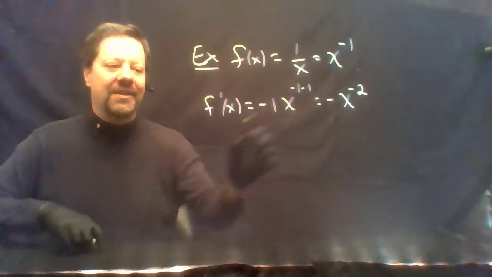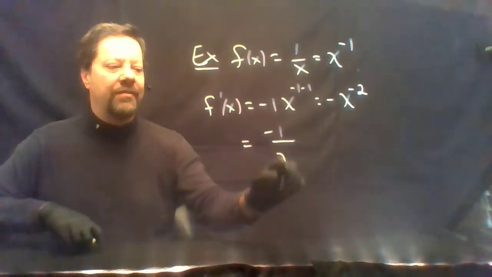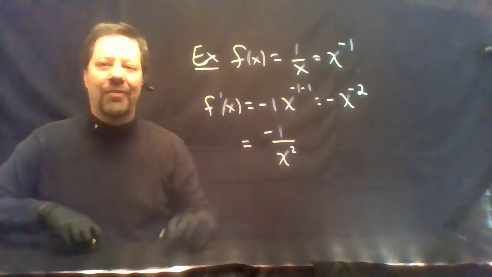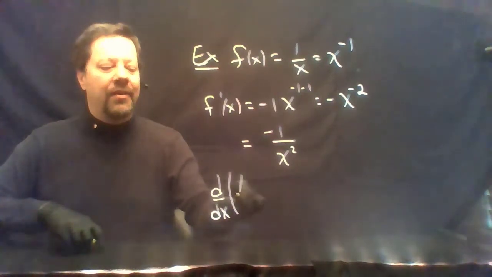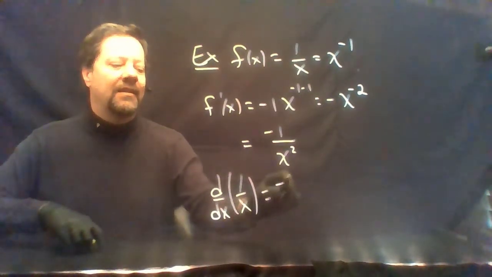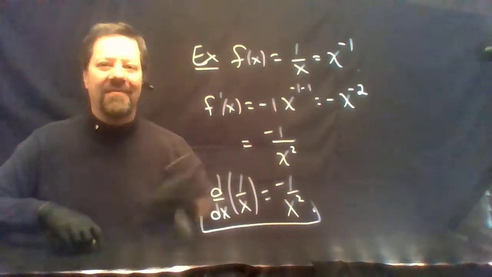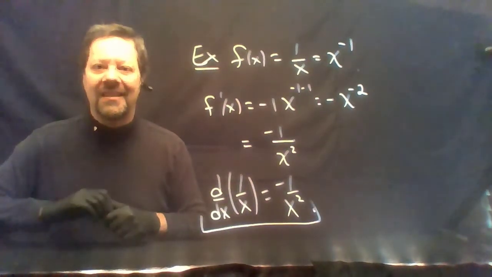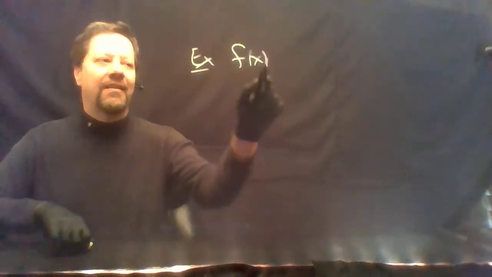To get a positive exponent for our answer, we'll shove the x squared over the division symbol and get negative 1 over x squared, verifying again that the derivative of 1 over x is negative 1 over x squared. I've asked you to memorize that. Please do.